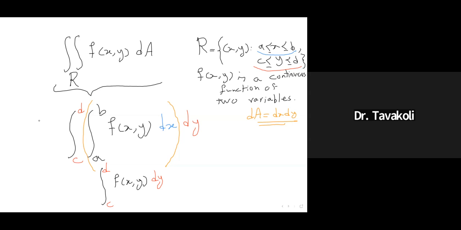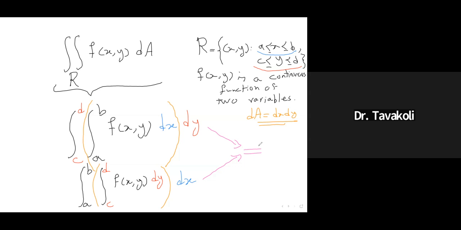And then after that, this will be inside another integral, and the other integral is the integral from a to b, I'm sorry, a to b, with respect to the variable x, dx. At the end, these two will be the same value. They are equal.